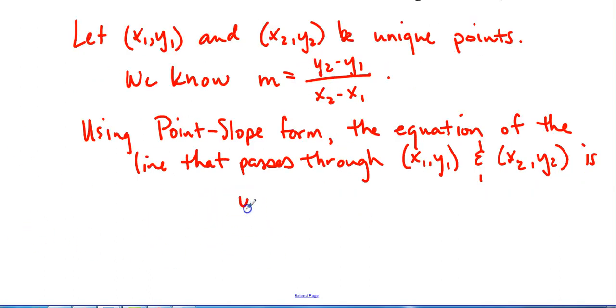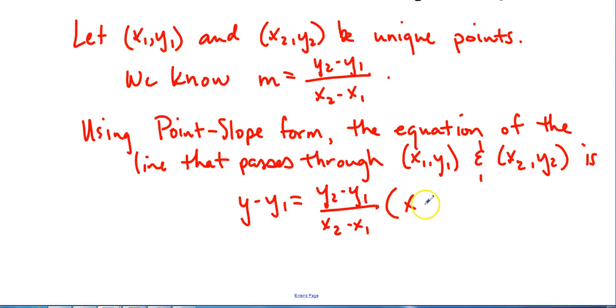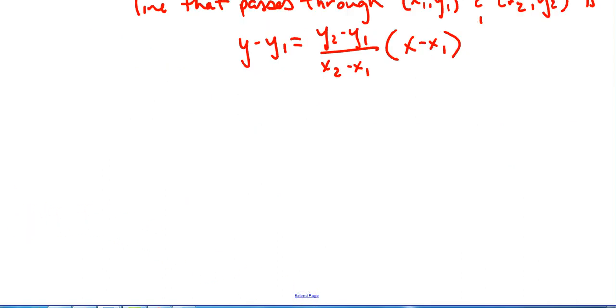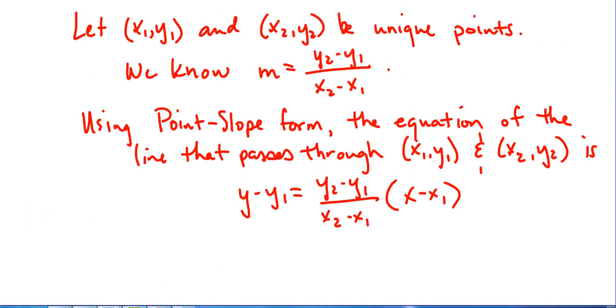It's going to be y minus y1 equals our slope times x minus x1. So we've got the equation of this line, and it's written in point slope form. That's a little more familiar to us.